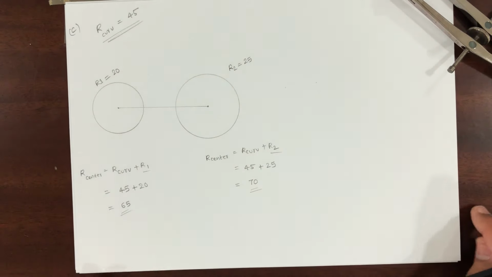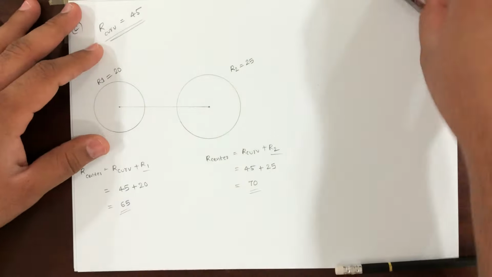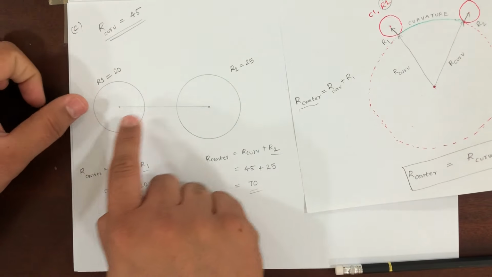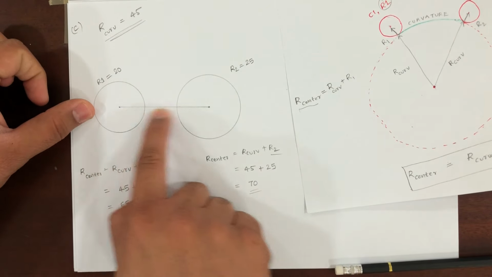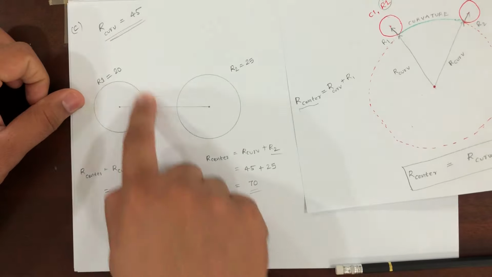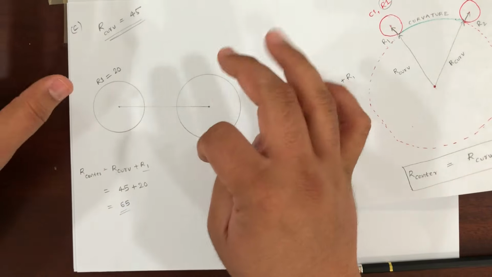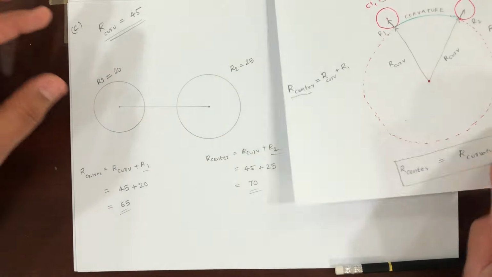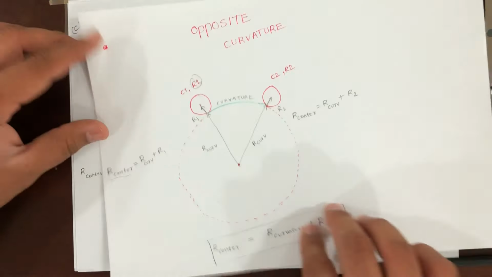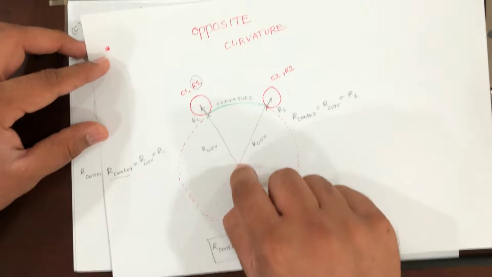Okay, now why are we doing all this? We have this distance is 70, this one is 20, this one is 25. Up to here it is very easy, anyone can do it. But the problem is to find the center of this curvature.